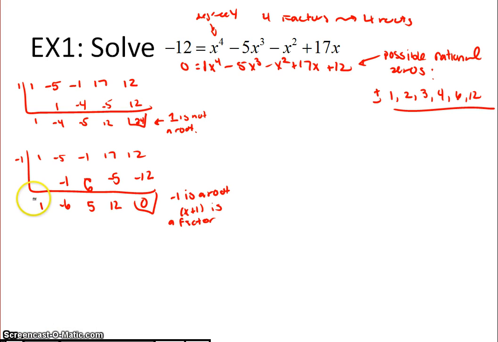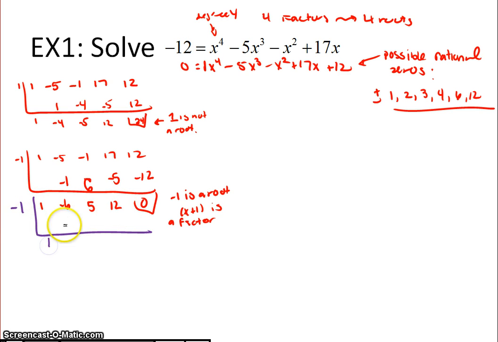Okay, so minus 1 worked, so if it works, try it again. I'm just going to switch colors. Let's try it again. We're going to try factoring the leftover polynomial. Remember, this polynomial comes from x cubed minus 6x squared plus 5x plus 12, right? Originally it was degree 4, and we got one factor out, so now it's degree 3.